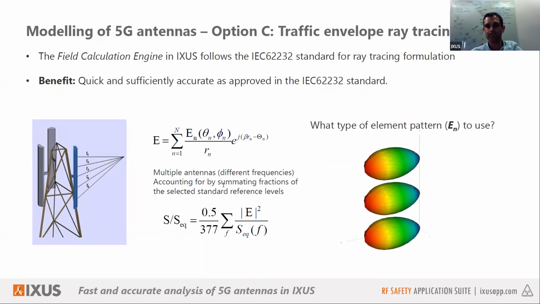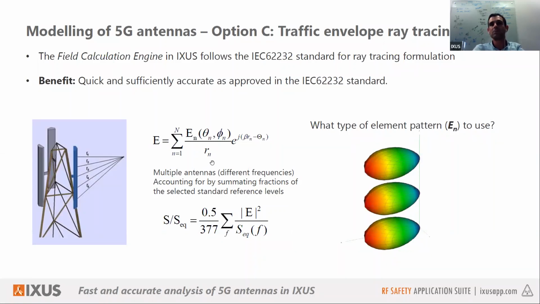If we have that, then we can represent that antenna as a linear array of point sources. And then what we do is we summate the fields that are emitted from those point sources in an approach that we call synthetic ray tracing. This approach is documented in this standard over here, the IEC standard. So we use those rays to calculate the field at any point near the antenna, even in the near field, you can do that.